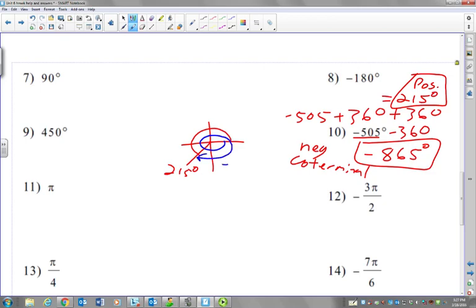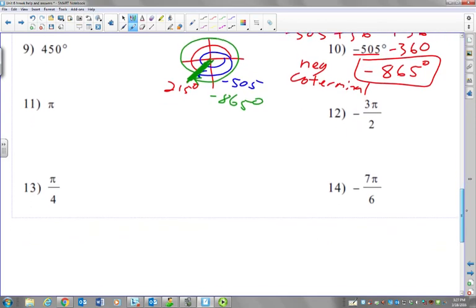That's the same thing as negative 505. It's also the same thing as continuing on from there and going around one more time to this terminal side, which is also a negative 865. So that's all you have to do with those ones: get a positive and negative degrees number that share the same terminal side by adding 360 and or minusing 360.